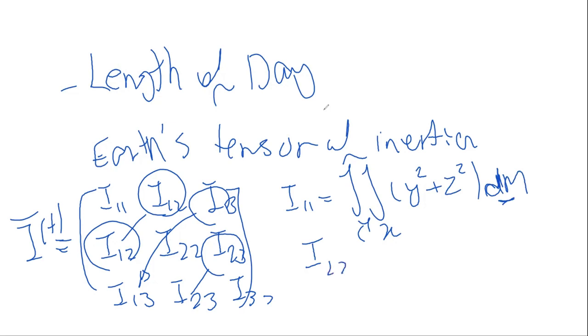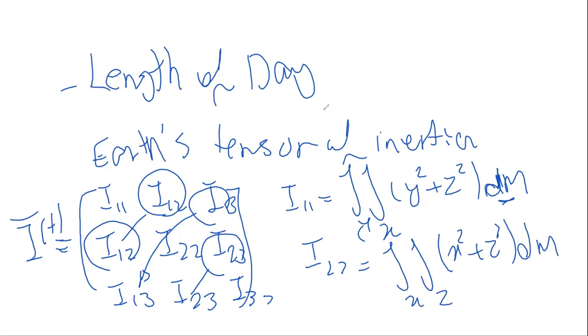So I22 will be the integral of x squared plus z squared, dm, where dm is the element of mass. I33 will be the other one, the integral of x squared plus y squared, dm.